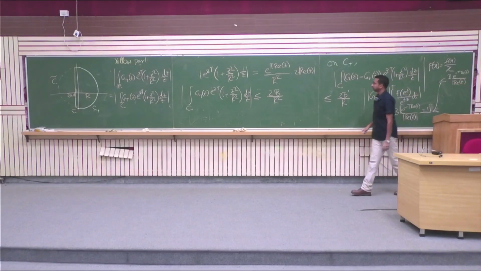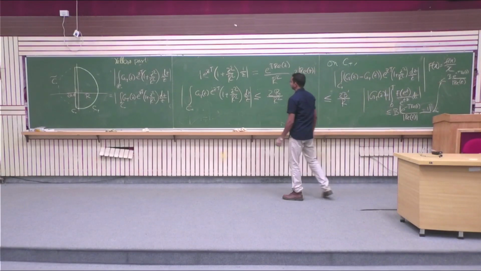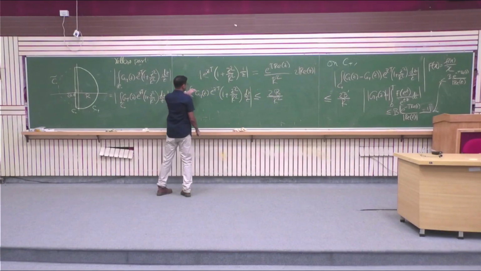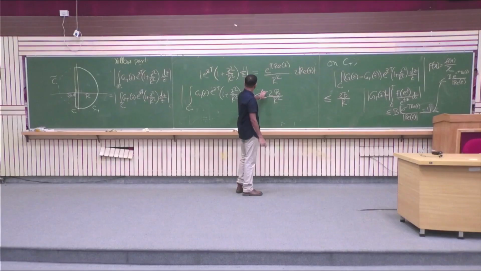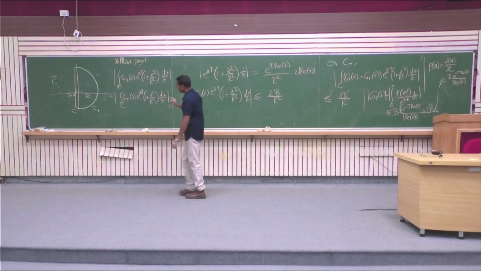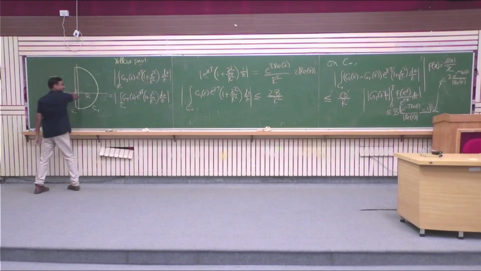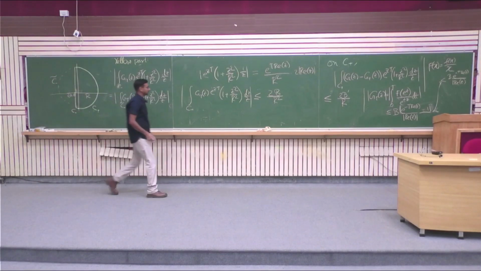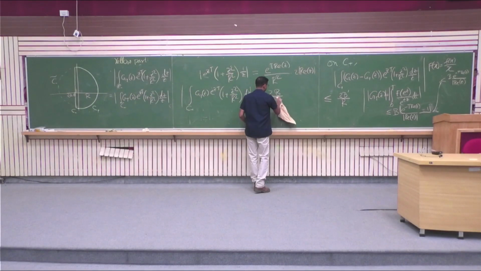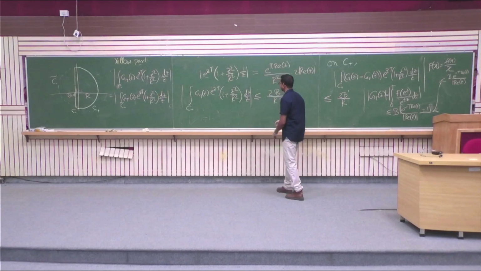When you multiply it with whatever we are getting from g_t(z), we get that it is less than or equal to 2b by r again, because we are taking the contour again on c tilde, right?